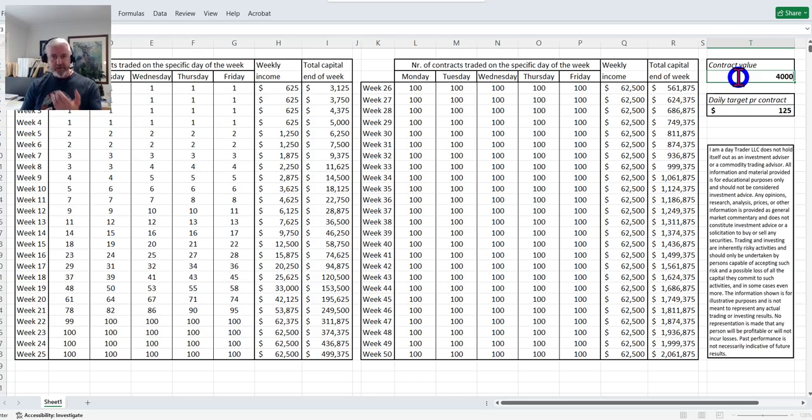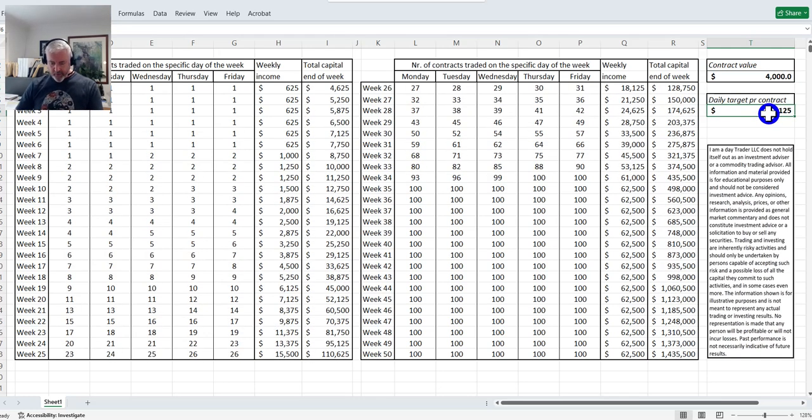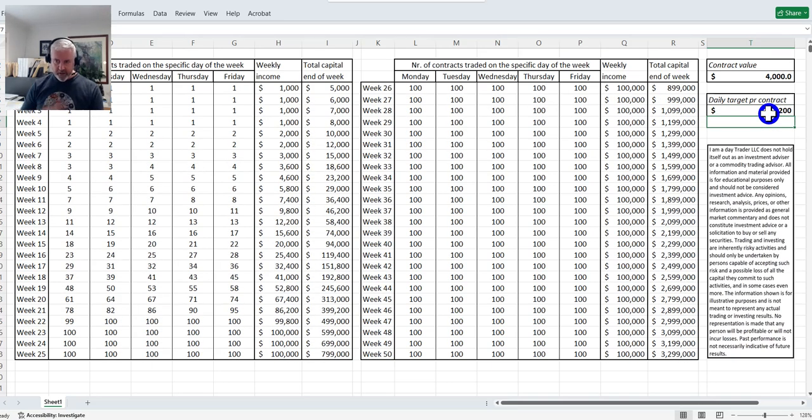For the Russell, the Dow, and the NASDAQ during New York, you can't trade with a 4,000 account, but then 200 a day is, as you'll see in many of my videos, I love the Russell in the afternoon session. Here, look where you are in 12 weeks trading 10 contracts: 10,000 a week income.